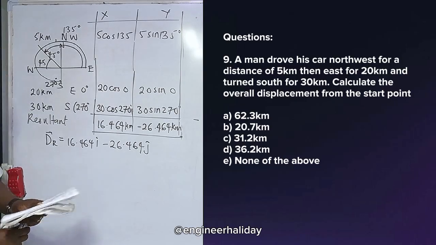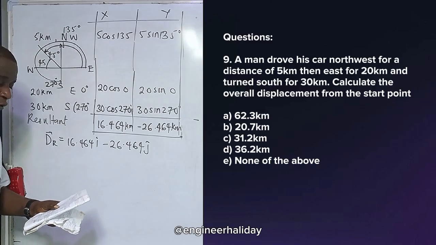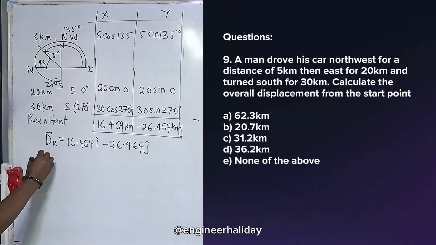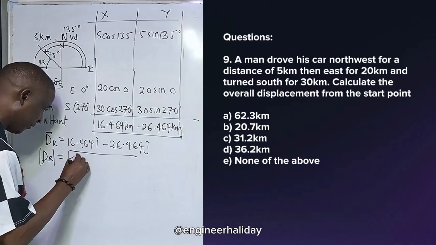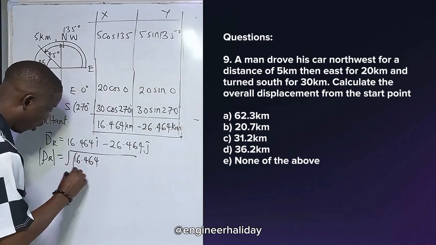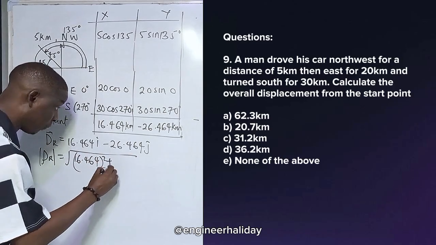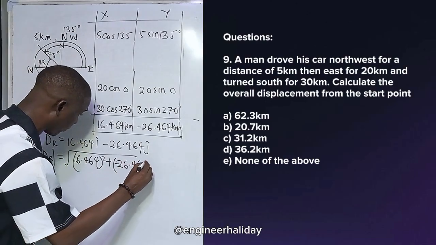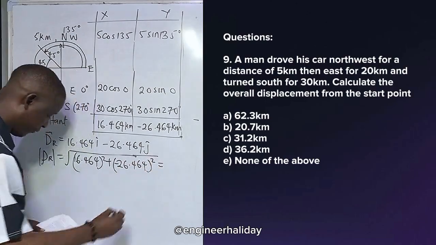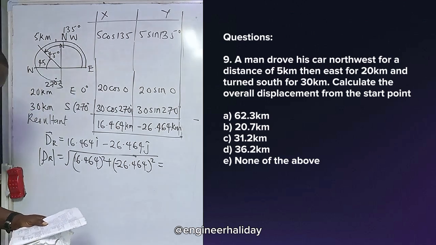Find the overall displacement. According to the options, they give us the magnitude, but let's solve both the magnitude and direction. Quickly, 16.464 squared plus minus 26.464 squared will give us the overall magnitude.